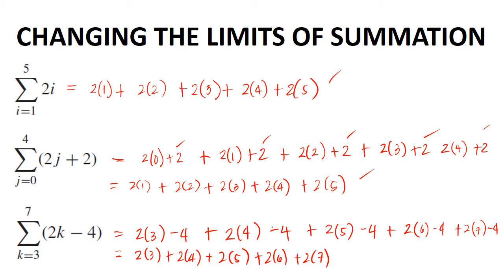Then, meron kang ilang minus 4 yun? 1, 2, 3, 4, 5. So, that is minus 4 times 5. Yung minus 4 times 5, pwede nating i-write as minus 2 times 10.